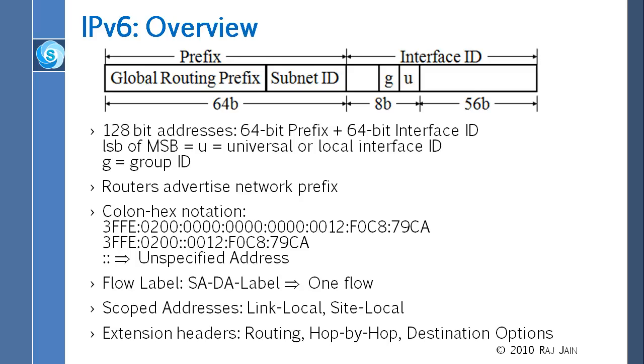So 5 times 16 is 80 bits already specified. Now the missing numbers are 3 more 16-bit numbers, right? So we put zeros here. So that's the notation.